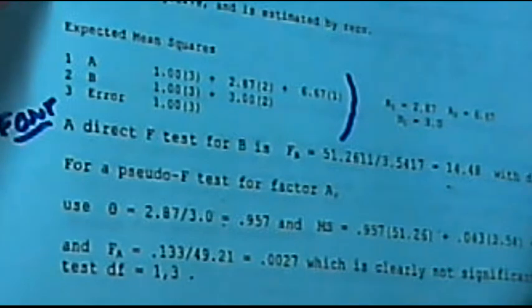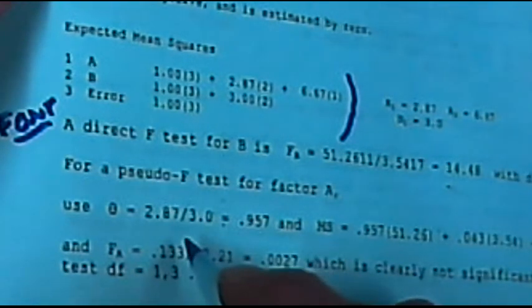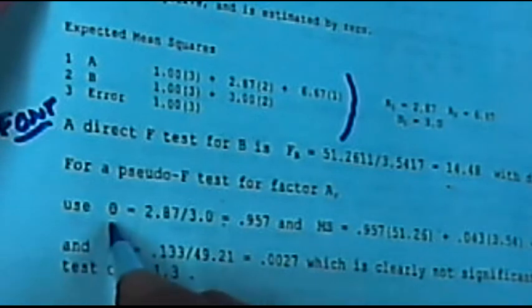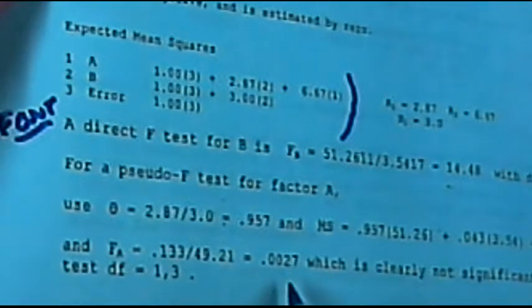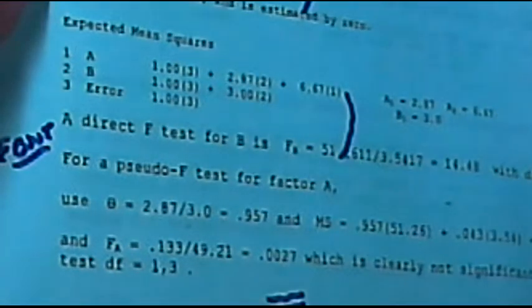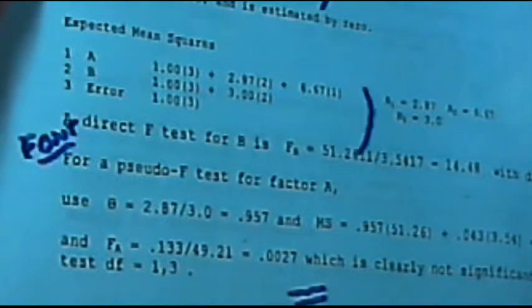Now for factor A, we have to use a pseudo F-test. So here I'm trying to figure out the theta, and then the mean square, and then this new F. Significant in any way whatsoever.